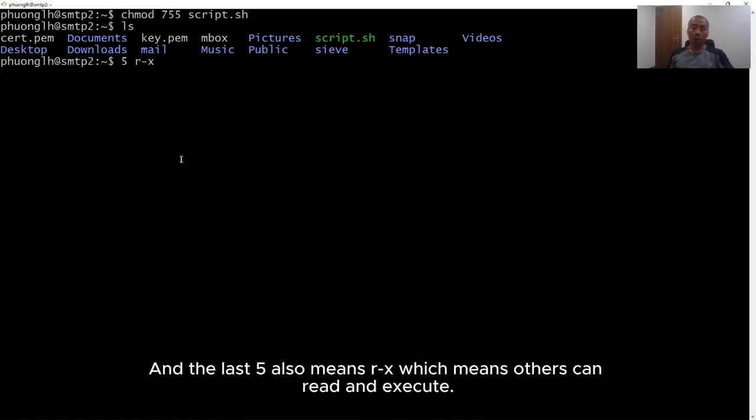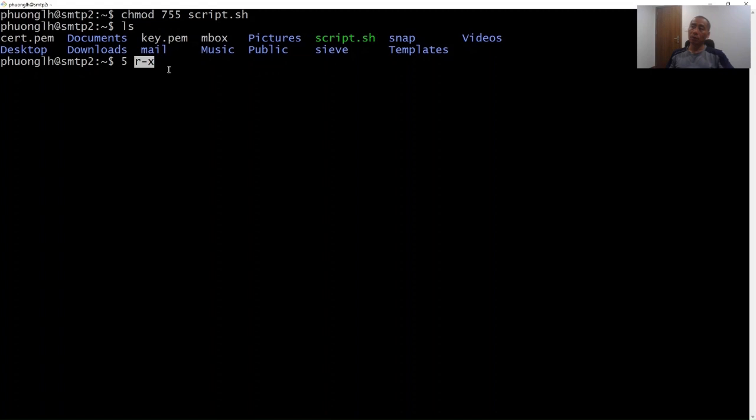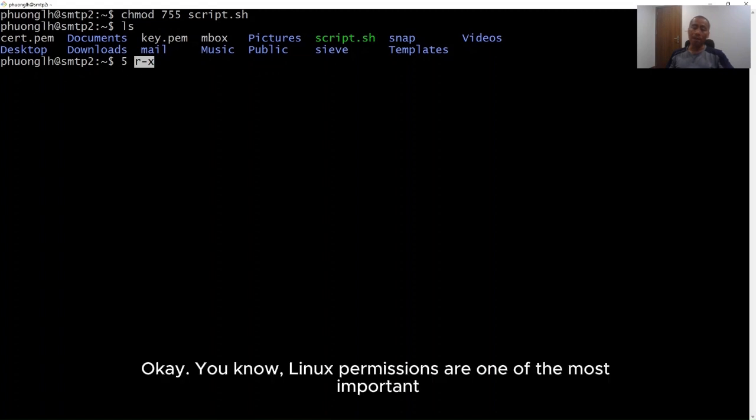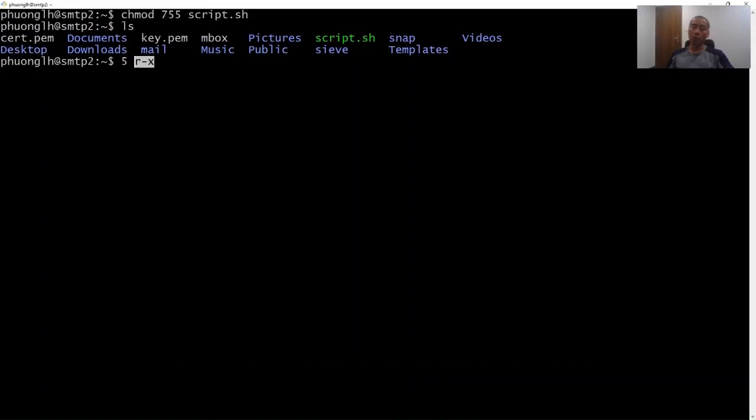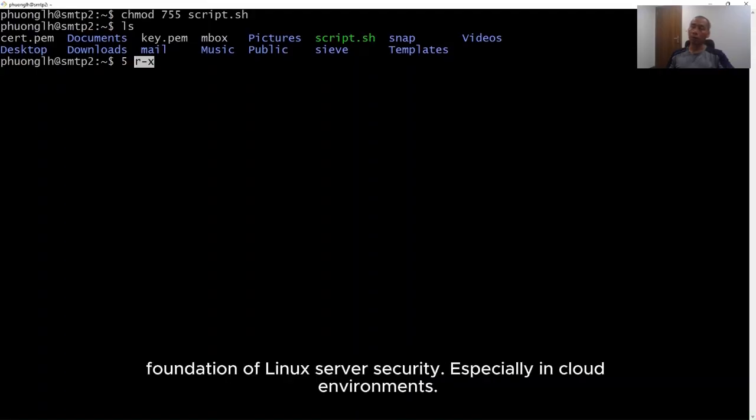And the last 5 also means r-x, which means others can read and execute. These permissions are one of the most important foundations of Linux server security, especially in cloud environments.